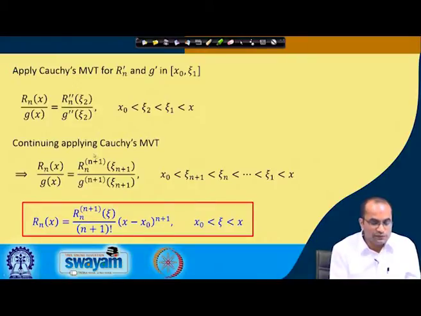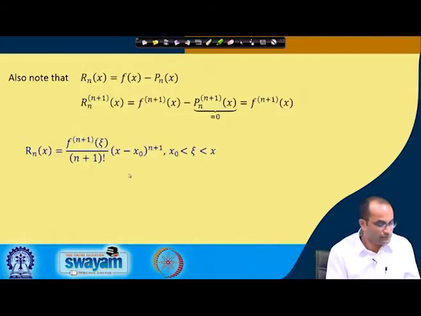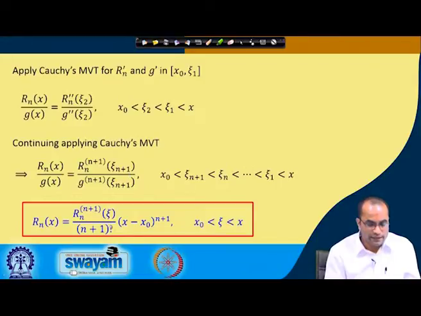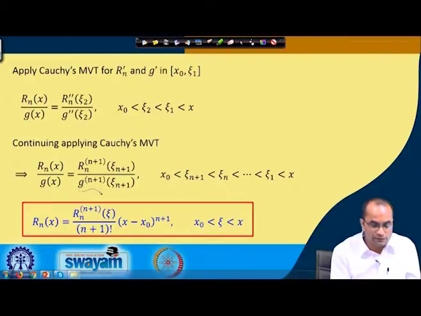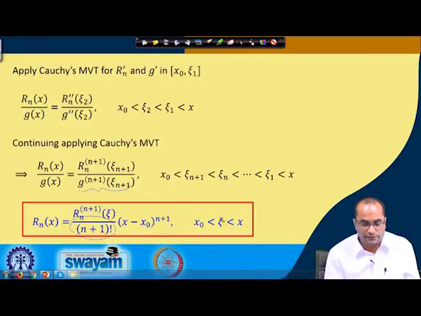R_n(x) is equal to the (n+1)th derivative of R_n divided by the (n+1)th derivative of g, which was the factorial (n+1). So this factorial (n+1) term came here, and then we have this g(x), which was the function (x minus x_0) to the power n+1, and this xi, which is introduced here as xi_(n+1), we have now replaced just by xi.